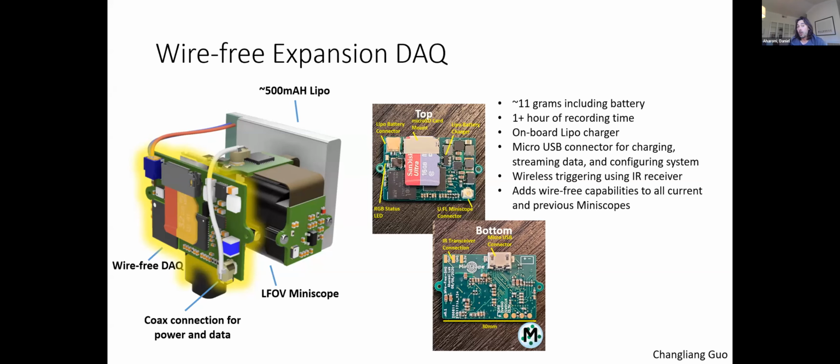So you're really no longer even limited in length of recording, because you're going to run out of storage or power. You really can record for as long as you want, as long as you're not photobleaching. Both the large field of view Miniscope and this wire-free expansion board, we just recently put all the documentation and other materials on GitHub, in the repository and wiki.